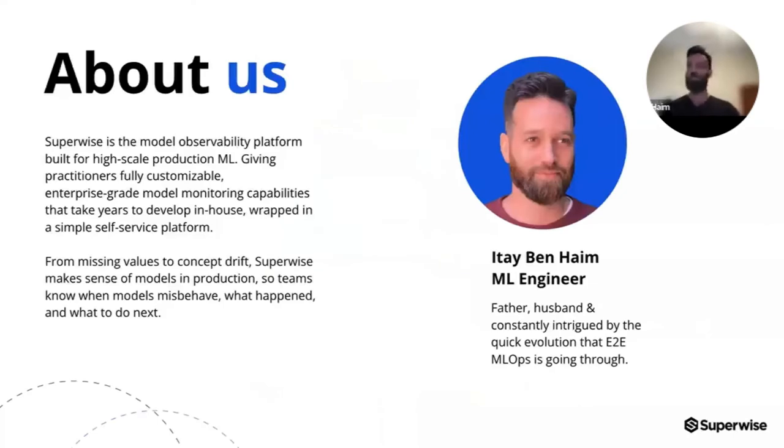So a bit about us, Superwise, in case you didn't see. We're developing an observability platform for high-scale machine learning algorithms. Our focus is on the scaling part. The way we see the future, or the way that the ML ecosystem is working towards, is an intense scale.